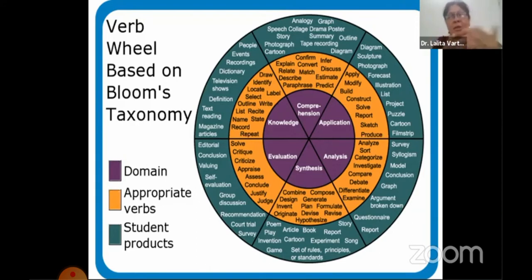So the puzzle or the crossword could be developed on, say, the different parts of the computer, or relating the different parts of the computer with the functions. This is where the student is now applying whatever has been learned in doing a new task. And the puzzle which the individual would create would be evidence that he has reached this particular level of thinking.